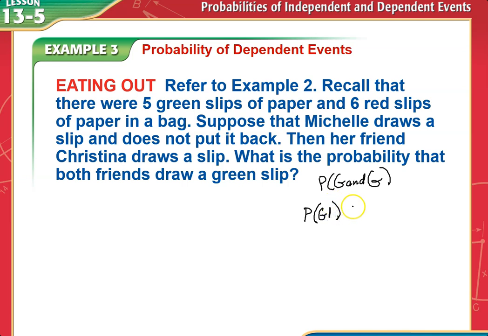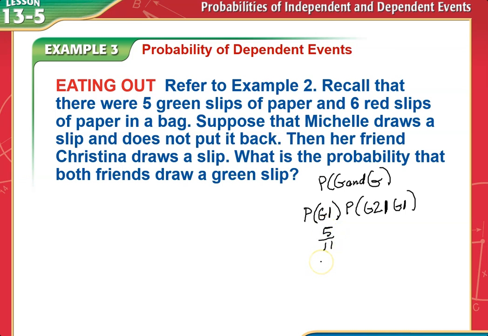And then we're going to multiply that by the probability that the second one is green, given that the first one is green. Well, the probability that the first one is green is pretty straightforward. It was exactly what it was before, and that would be 5 out of 11.